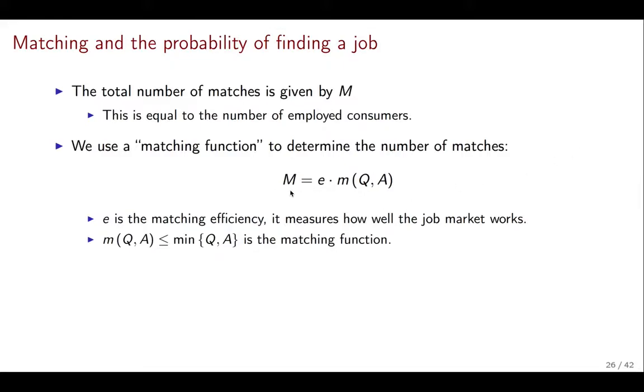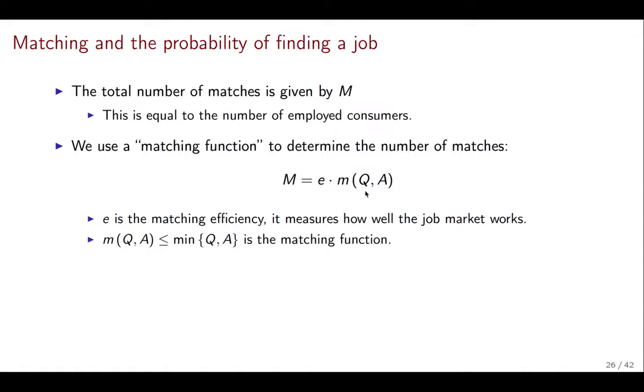We're going to have that the total number of matches, uppercase M, is going to be equal to E, the matching efficiency, more on that in a moment, times a function that's going to depend on Q, the total number of people in the labor force. Remember, these are the people searching for a job. And A, the total number of vacancies. So job openings, job searchers. We think of this the same way we think of a production function.